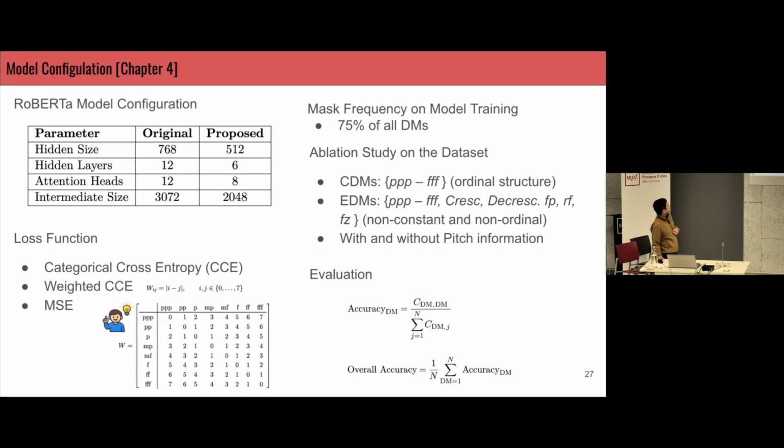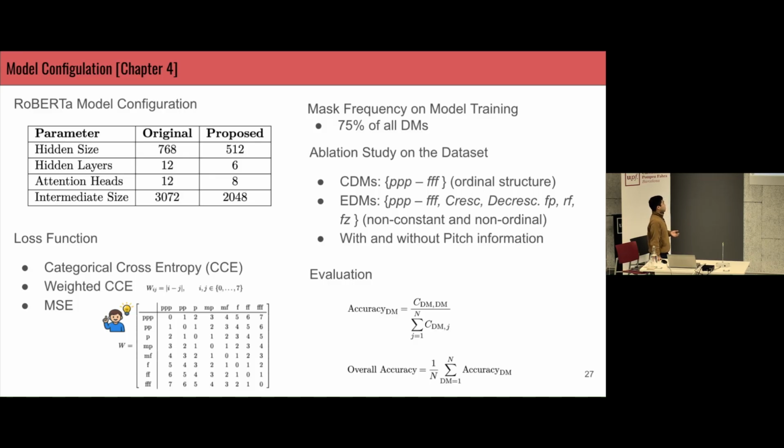And this is the model configuration. The RoBERTa model is employed because it is one of the most well-known models for masked language modeling. But the original model configuration for natural language processing did not work at all for this setup. This is because the token dictionary is way smaller than in natural language processing.